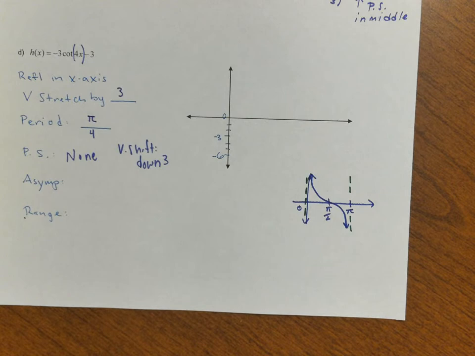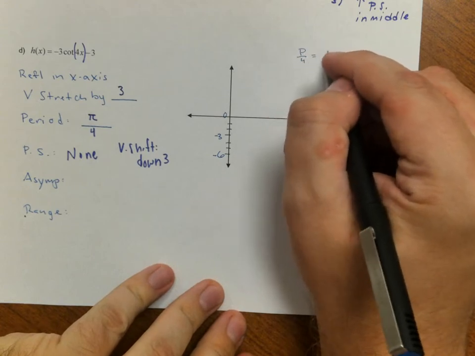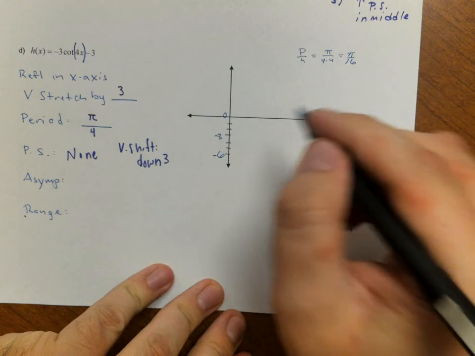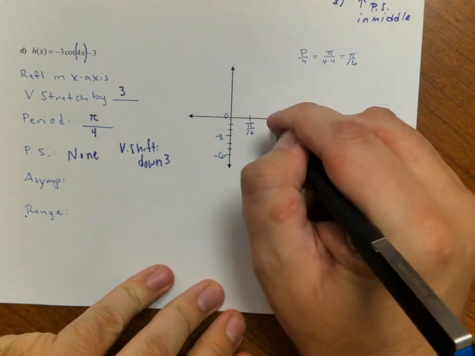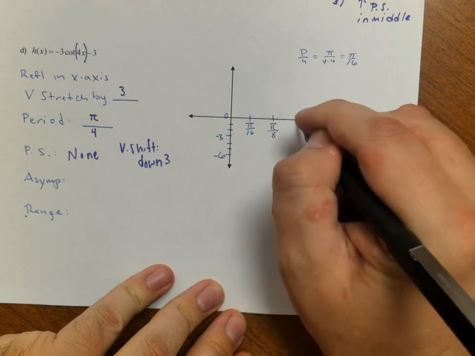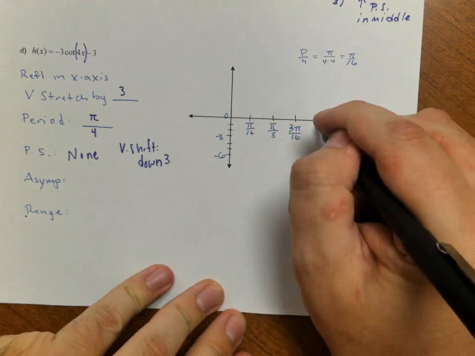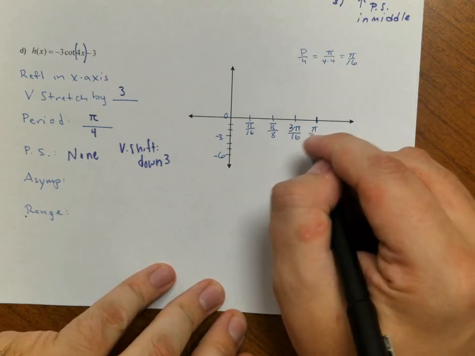If my period is pi over 4, that means I need to count by my period over 4, which would be pi over 16. So if I count pi over 16, 2 pi over 16 is pi over 8. 3 pi over 16 does not simplify. 4 pi over 16 is pi over 4.